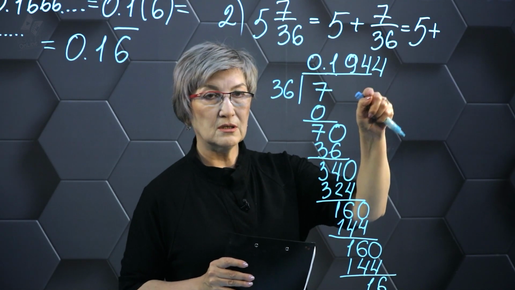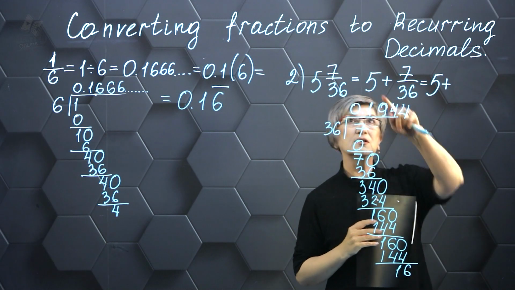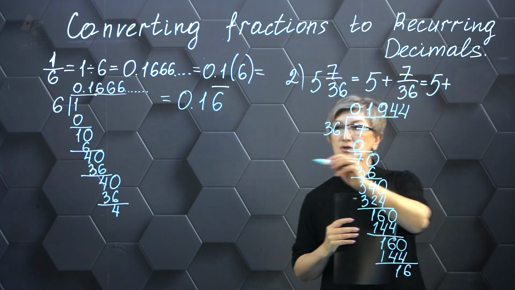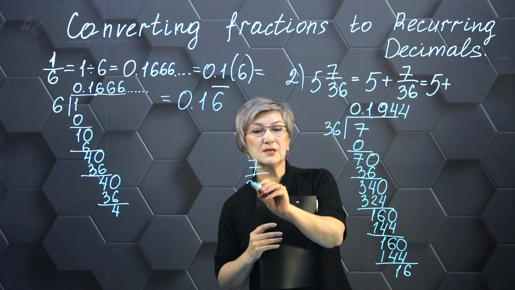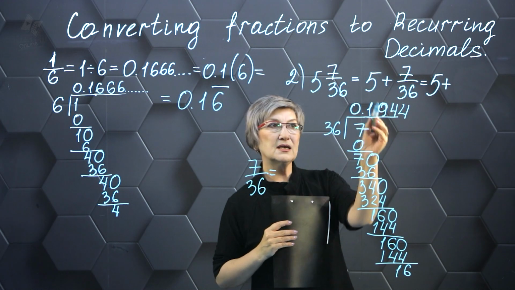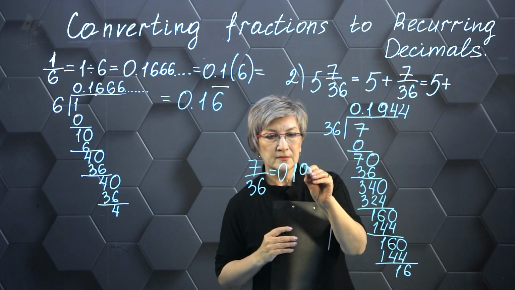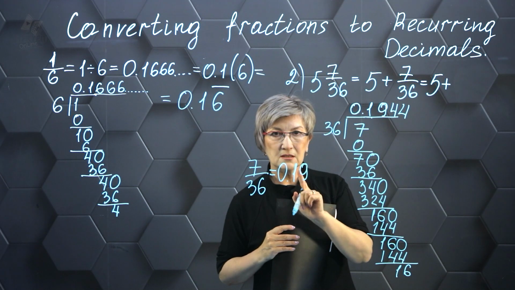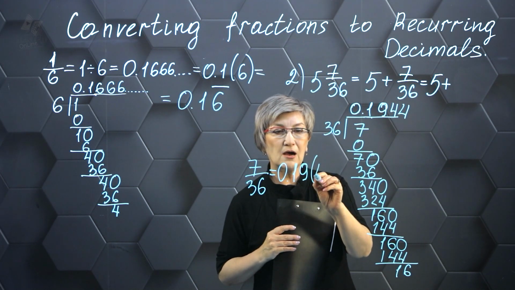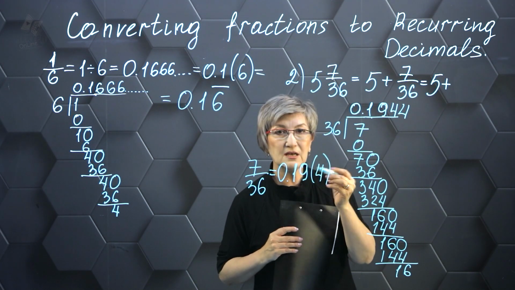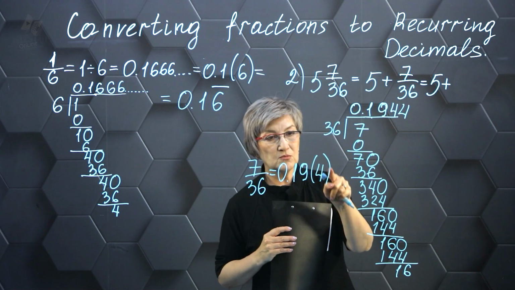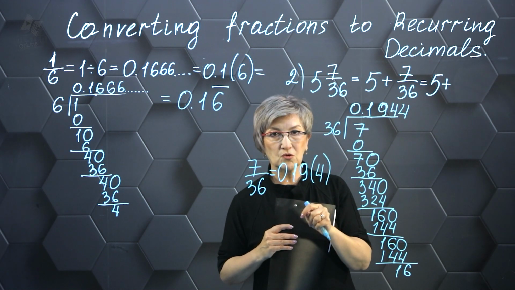Then we can conclude that the fractional number 7/36 is 0 whole, 19 where the digits do not repeat, but the digit 4 has a repetition. So we'll write the number 4 in parentheses.